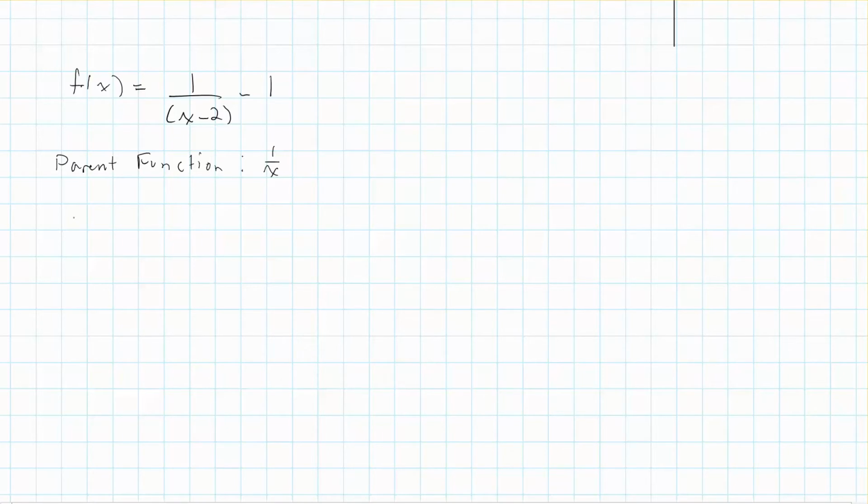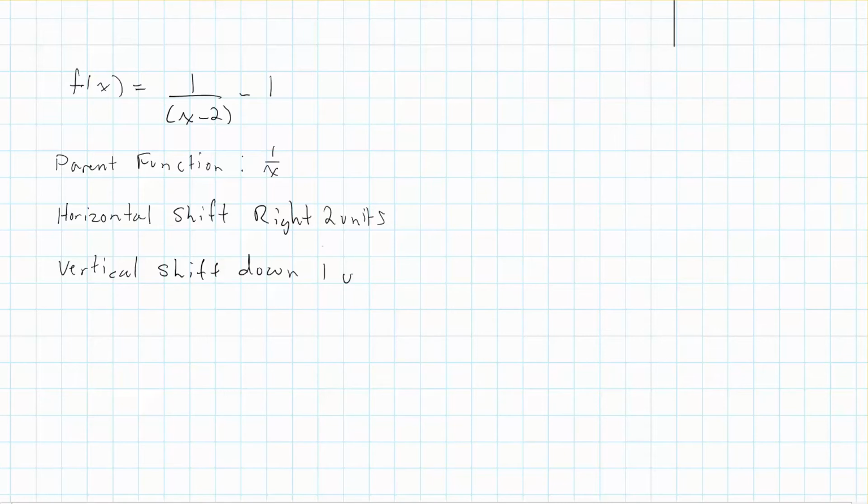And so that means I have a horizontal shift right 2 units. And then I have minus 1 outside of the parent function after the parent function's been done, which means we have a vertical shift down 1 unit.